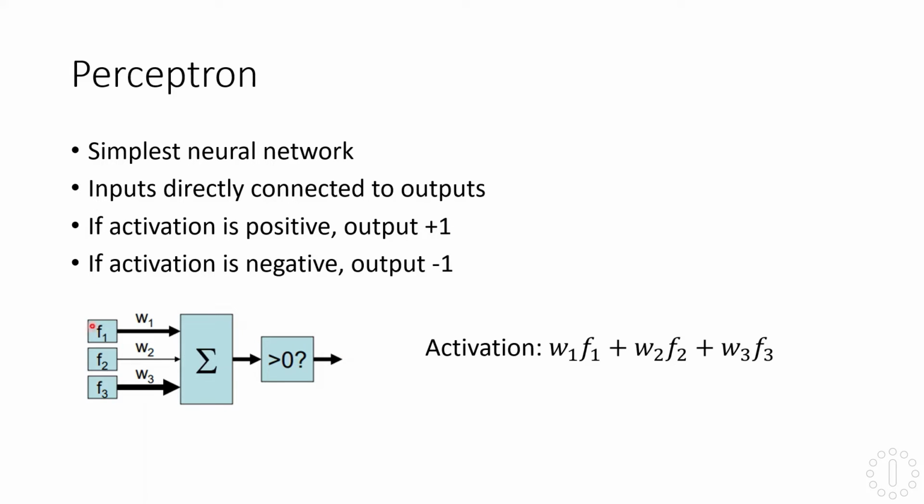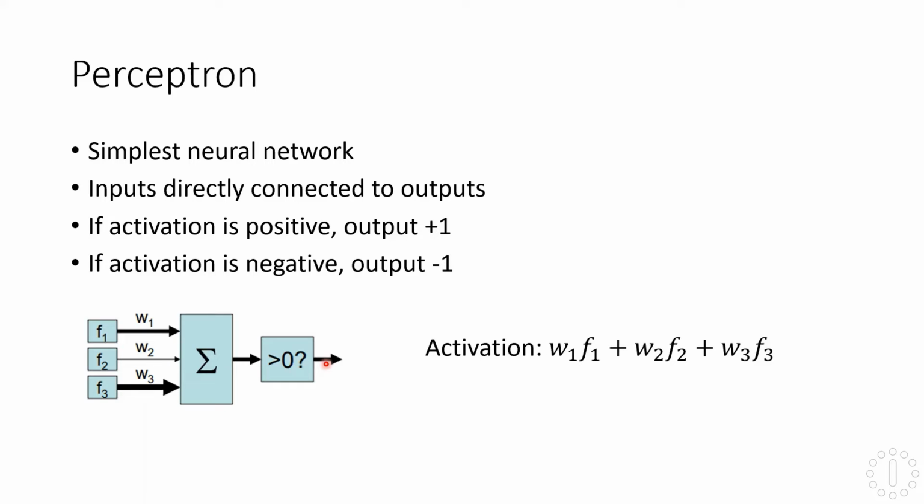Specifically, here we would multiply F1 by the weight 1, which connects this input F1 to the output. Then we multiply F2 by this weight 2, which connects F2 to the output, and then we multiply F3 times this third weight, which connects F3 to the output.